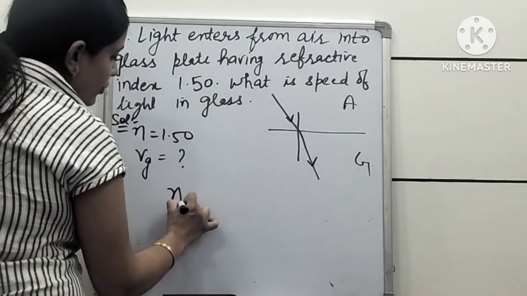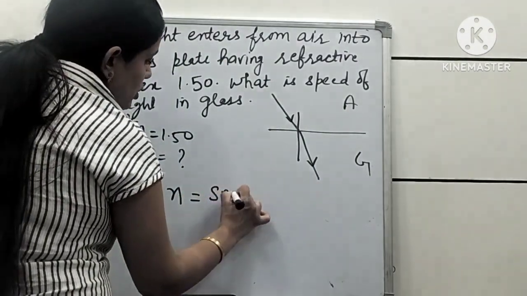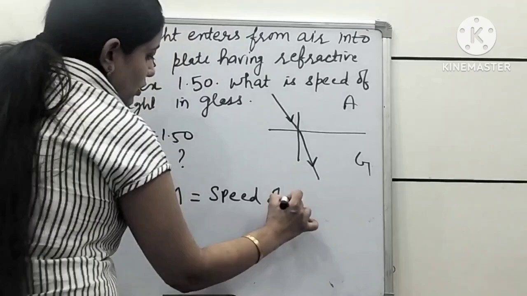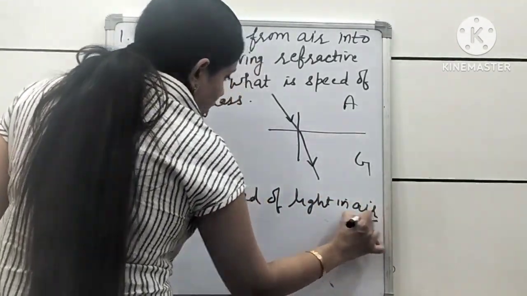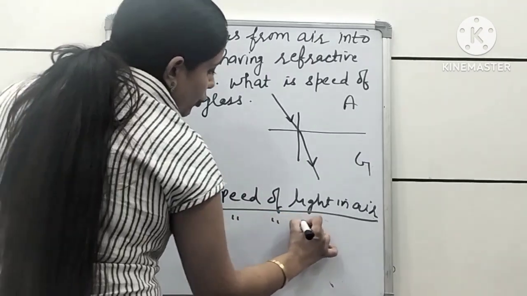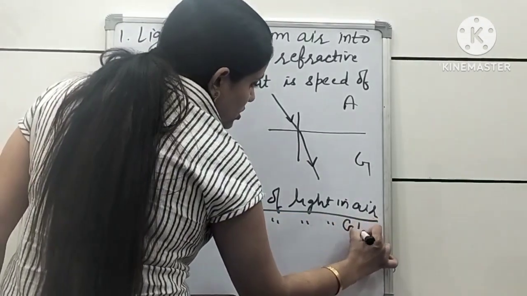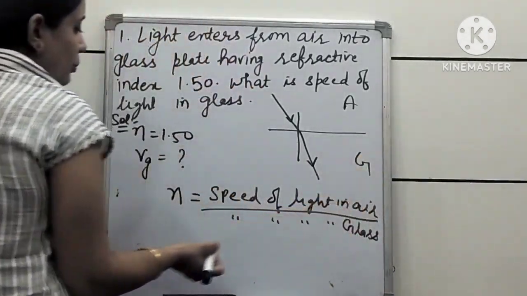So we know that the refractive index is equal to speed of light in air divided by speed of light in glass or medium.